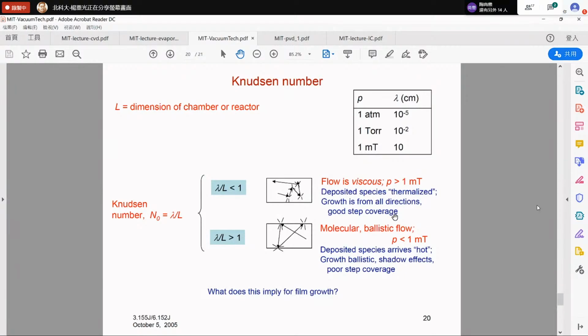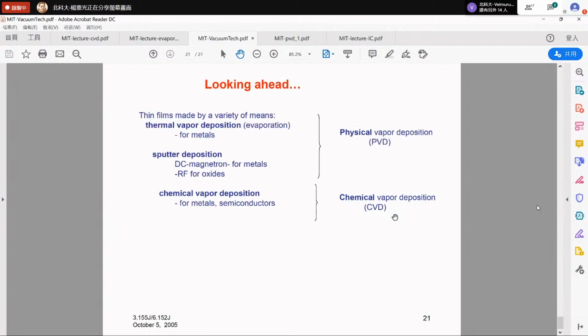So what does the Knudsen number tell us about the film growth? We are talking about thin films made by a variety of methods, the PVD. PVD can be thermal vapor deposition, which we call evaporation.